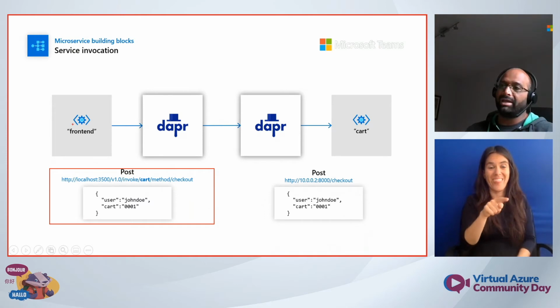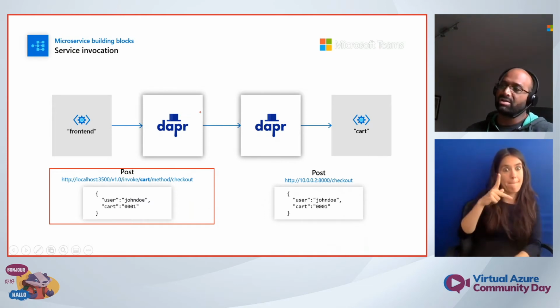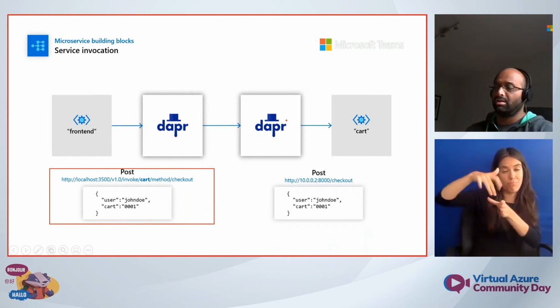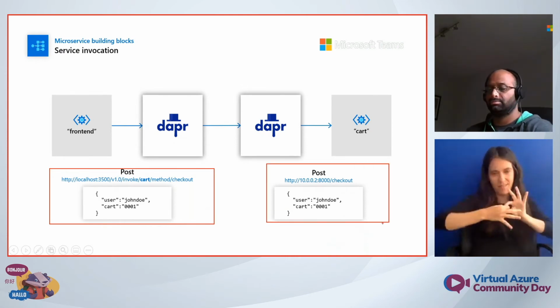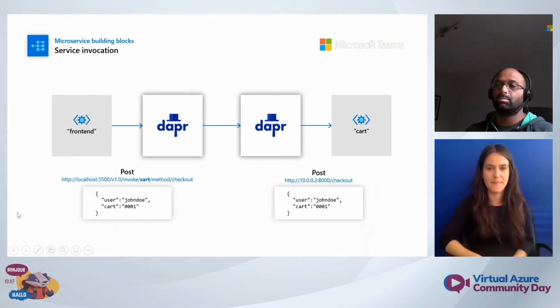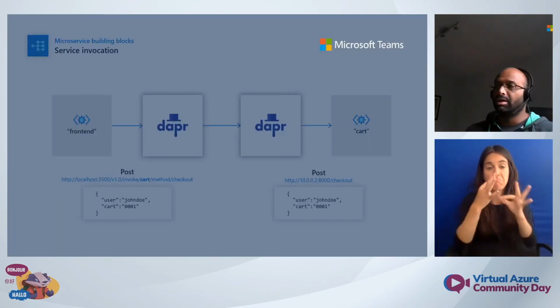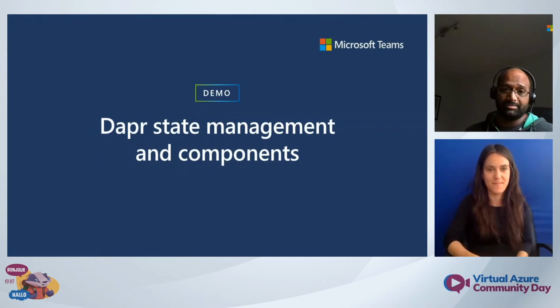This front end will make a request to its Dapr sidecar, which will speak to the Dapr sidecar of the cart service and do the operation. Pretty simple.